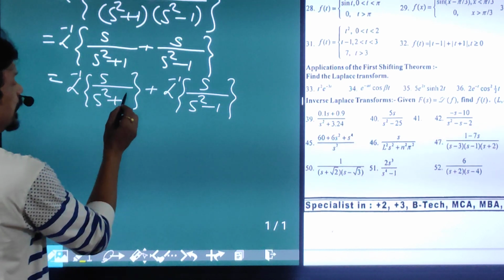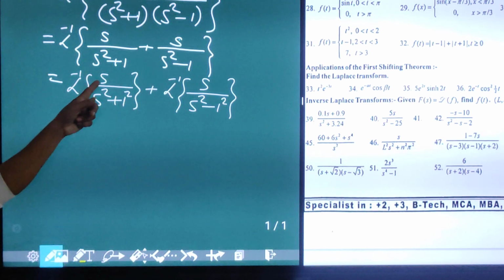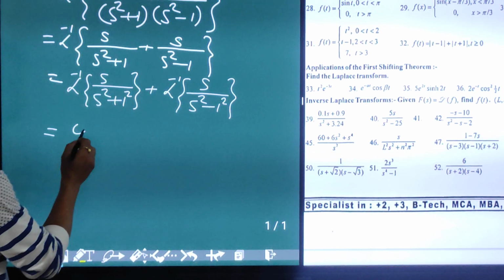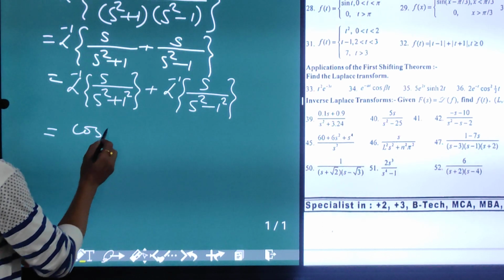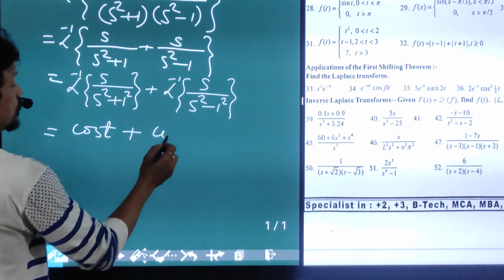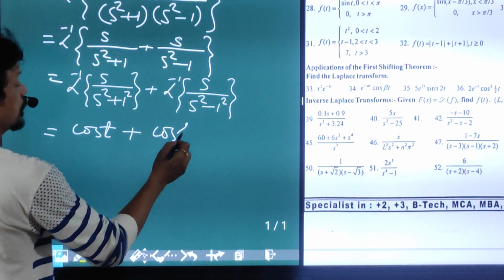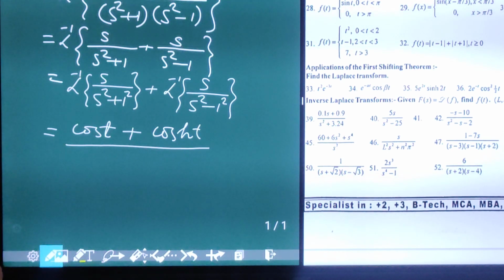Here I can add 1 square, here also 1 square. Here s is present, so cos, and plus is there, so trigonometric function, a is 1, so cos t. Plus, here s is present, so cos, but minus is there, so hyperbolic, a is 1. So this is the answer.